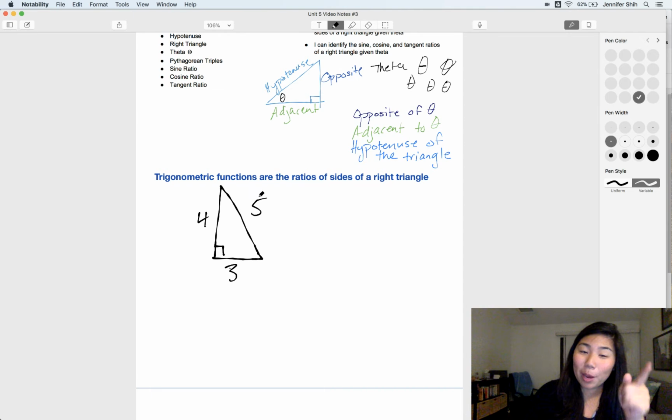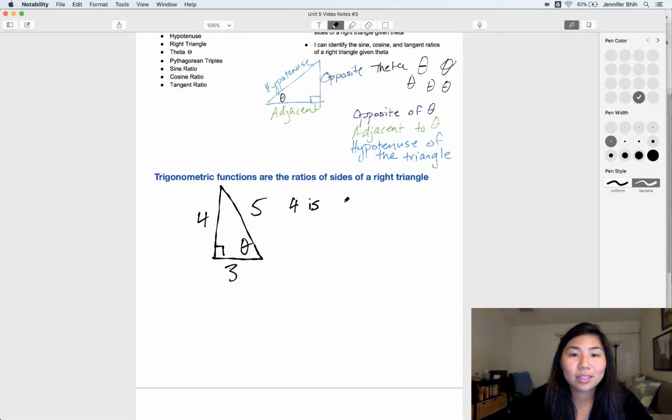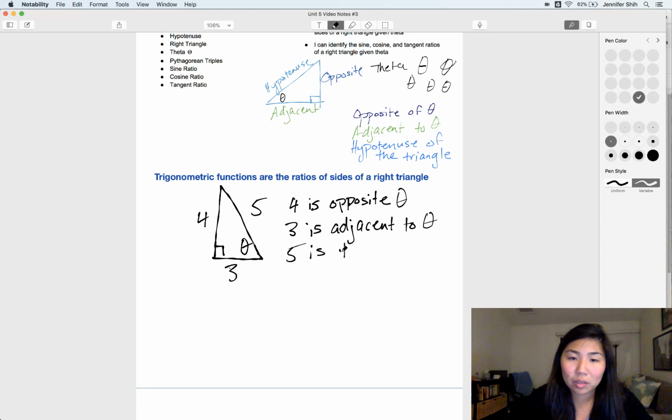Because you know this is a Pythagorean triple, 3, 4, and 5 right triangle. Let's talk about theta here. 4 is the side opposite theta. 3 is adjacent to theta. 5 is the hypotenuse of the triangle.